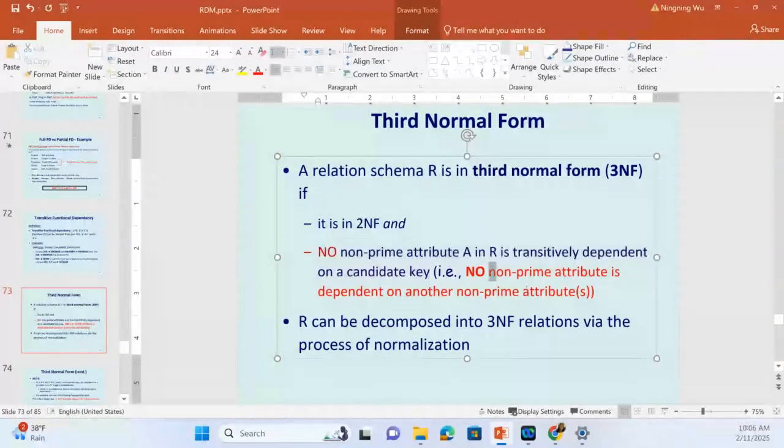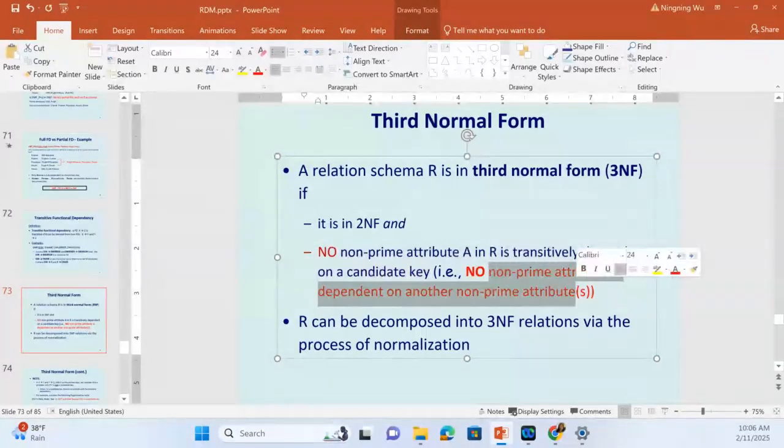If we don't have any functional dependency showing that a non-prime attribute is dependent on another non-prime attribute, then our relation schema can be in third normal form. If we do see a functional dependency where both sides are non-prime attributes, then that functional dependency is considered transitive.